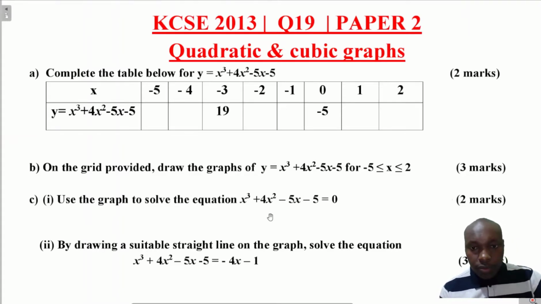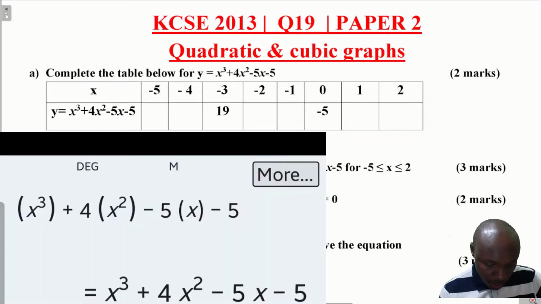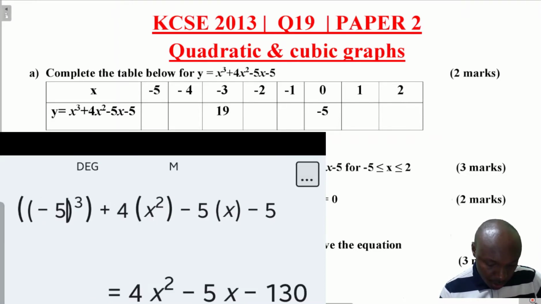The first one is when x is -5. So we're just going to substitute with -5 where we have the values of x.